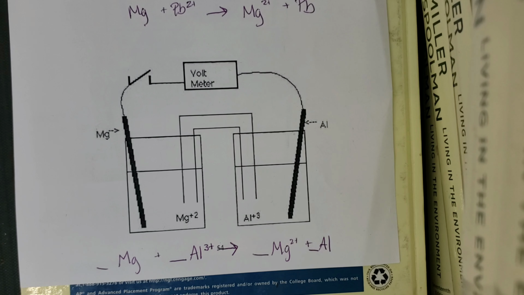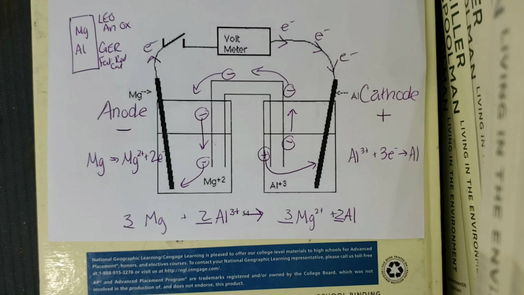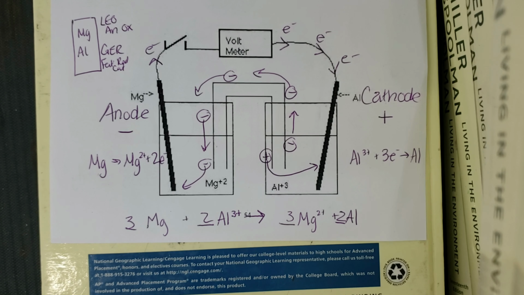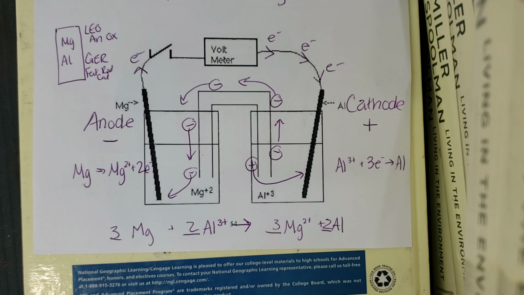So make sure you're using reference table J to find the anode and the cathode, and so you can label all of the parts of this voltaic cell. So hopefully your electrochemical cell looks something like this. Make sure you complete your homework and bring any questions you have to class. I'll see you soon.